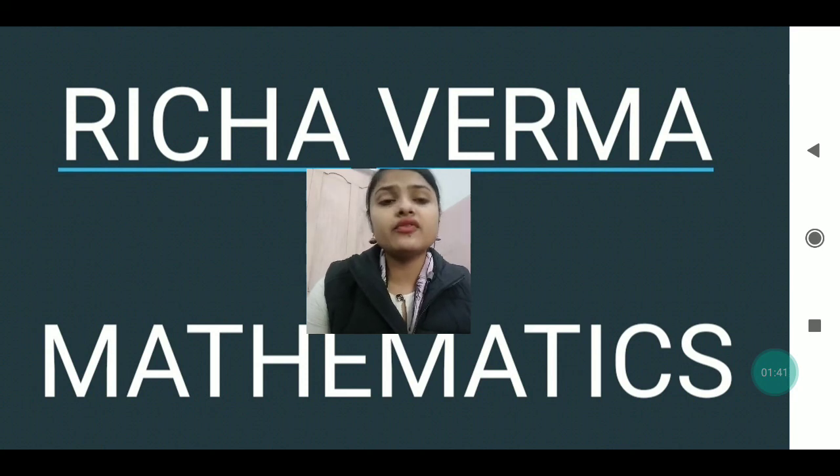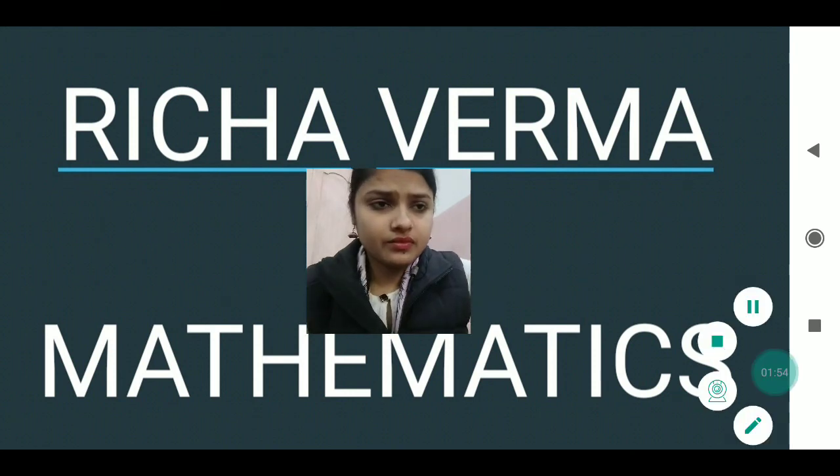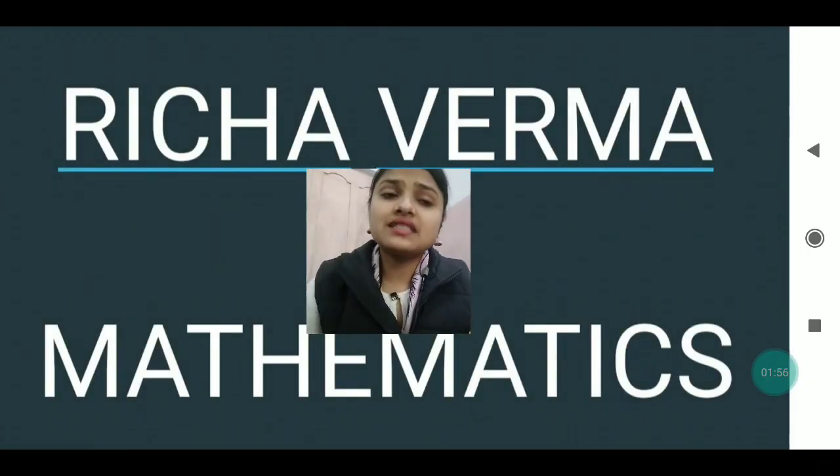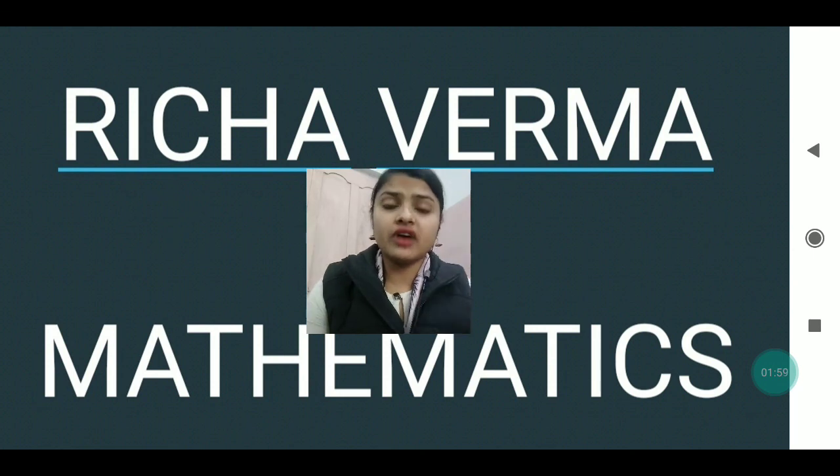In division there are four parts. The first part is the divisor. The divisor is the number with which we divide the dividend.